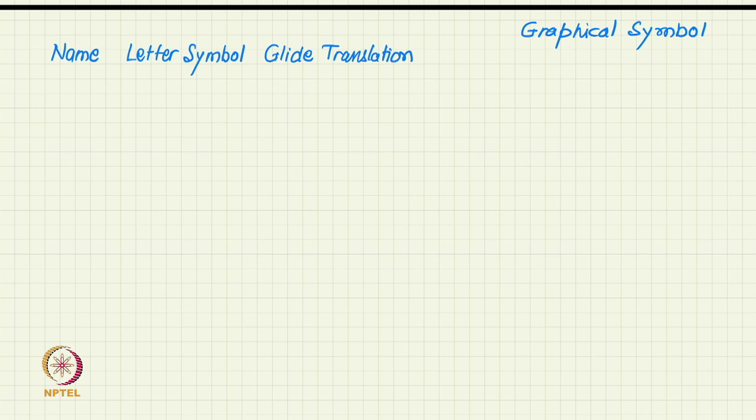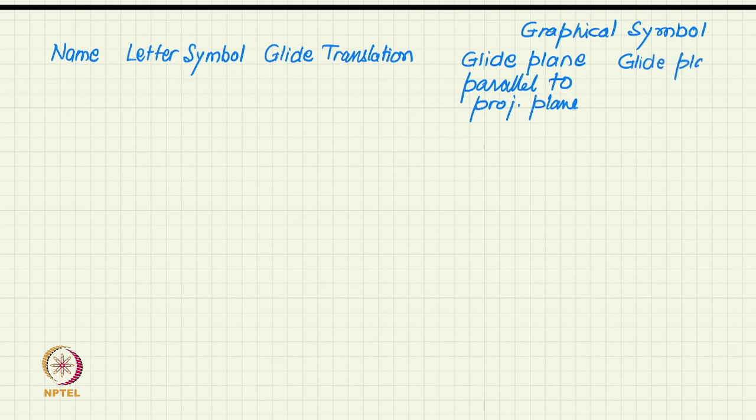Letter symbol is already there, but there is also graphical symbol, and for every glide operation there are 2 kinds of graphical symbol based on whether the glide plane is parallel to the projection plane, and another symbol is for glide plane perpendicular to projection plane.